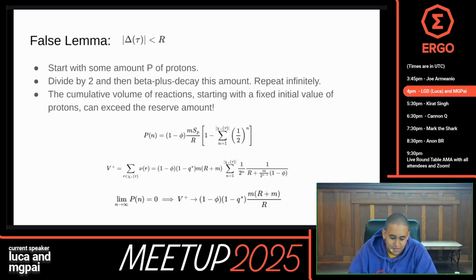And then you can see that the volume of the reaction actually ends up exceeding the reserve amount if you use the correct values of the variables in the equation at the bottom. So this lemma was false. But luckily, in the first and second theorems, we don't actually end up using it.